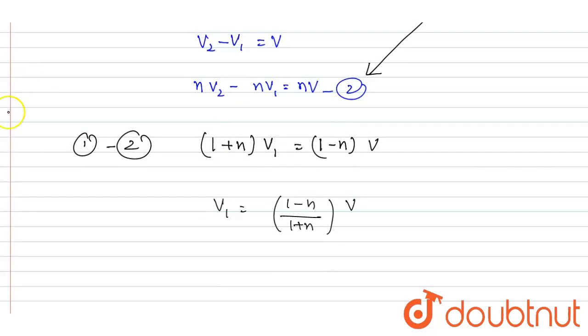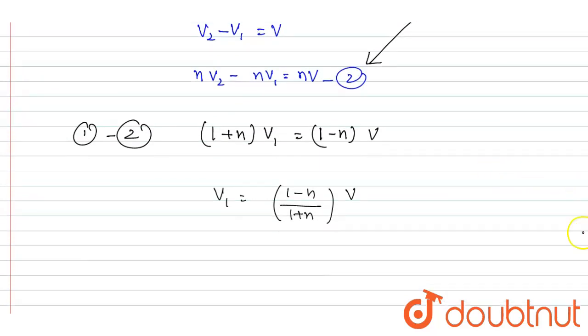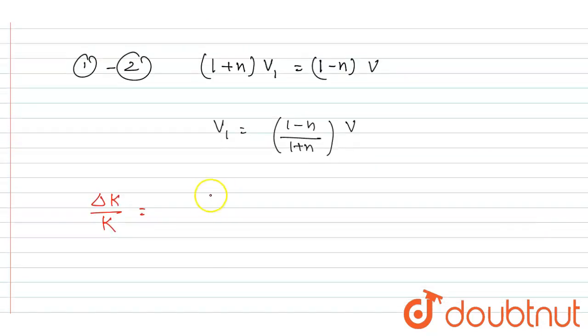Now if we want the fractional loss in kinetic energy, it will be initial kinetic energy minus final kinetic energy, divided by initial kinetic energy. The initial kinetic energy was half m v square, and finally it is having velocity v1.